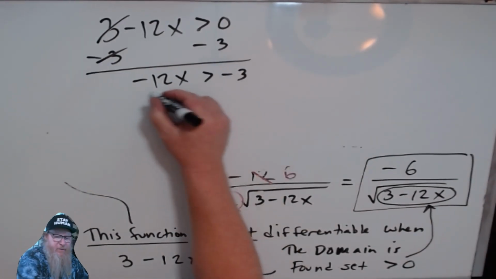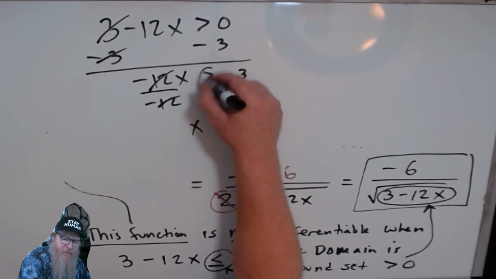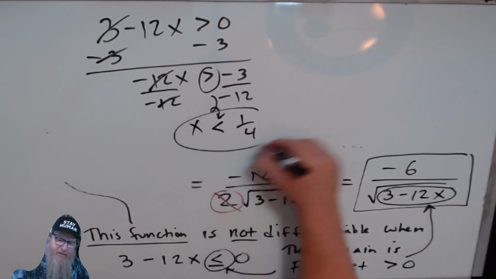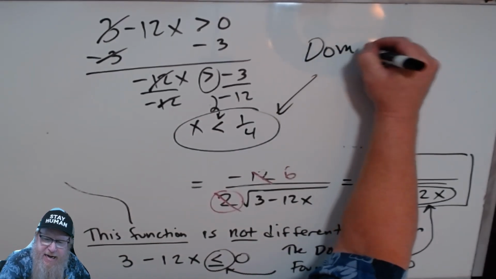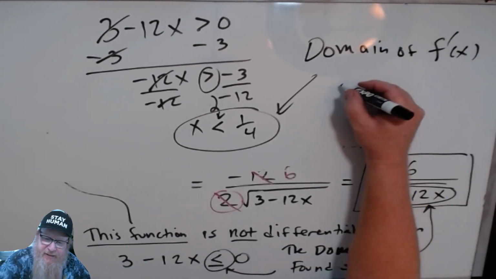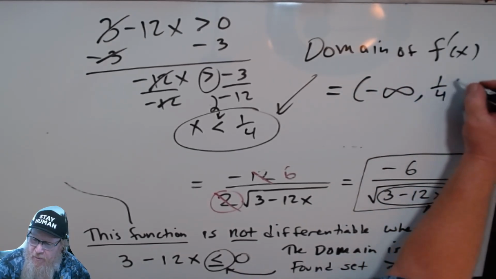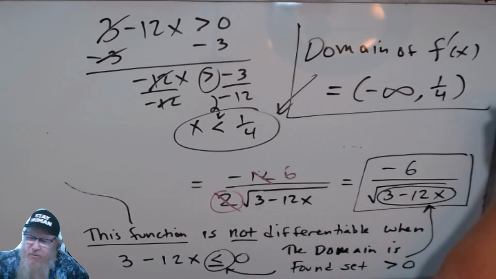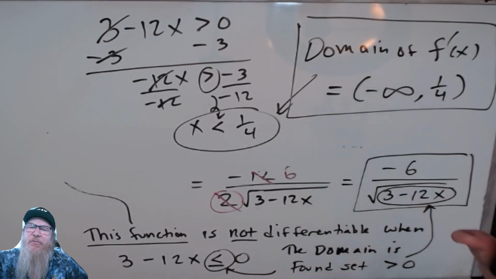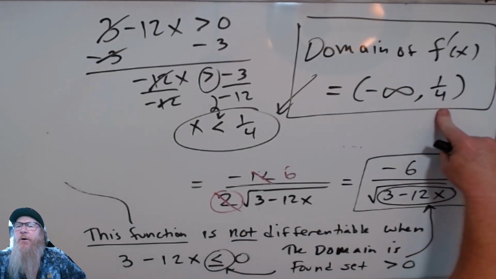Move the 3 over. Divide by negative 12. Reverse the inequality because you divided by a negative. And so the domain of f prime of x is equal to negative infinity to 1/4. In other words, this is the set of real numbers that are less than 1/4, not equal to 1/4.